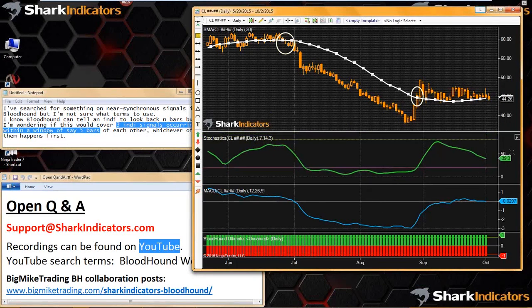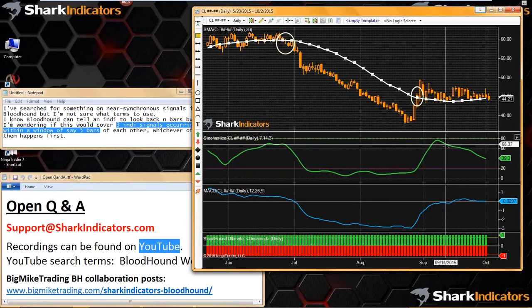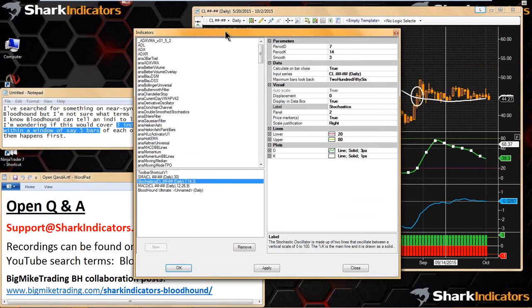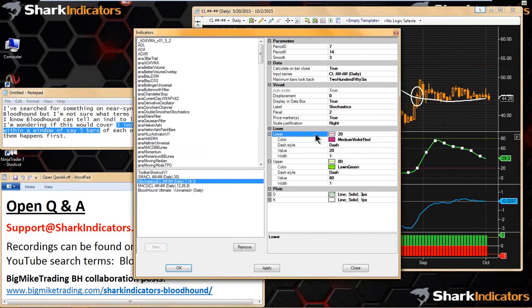All right, the next condition here, and I'm going to make another adjustment on my indicator. I'm going to make this a little looser, so I'm going to adjust these threshold values.